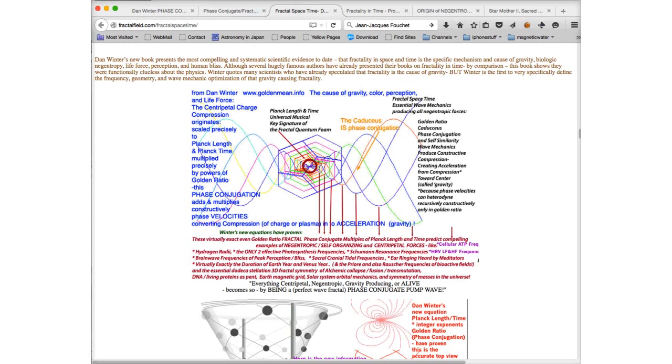Now, most of my work on fractal spacetime is based on a new insight that I had, that is, if golden mean ratio phase conjugation, optimized constructive wave interference, is the solution to implosion, compression, negentropy, fractality, and all centripetal forces, that the key signature of all of that implosive and electronegativity would then be Planck length and time.